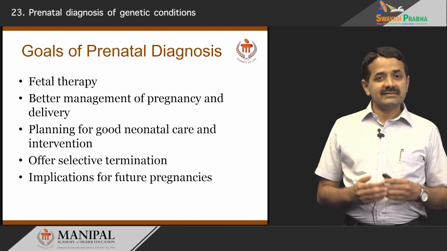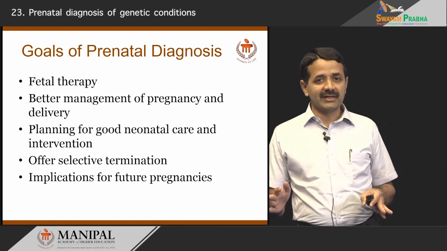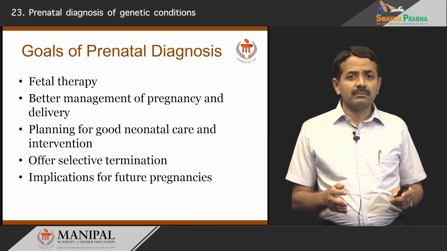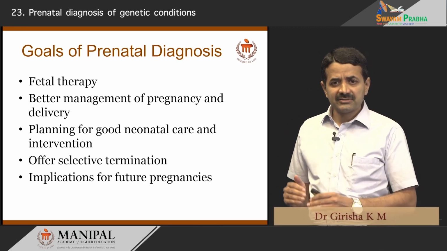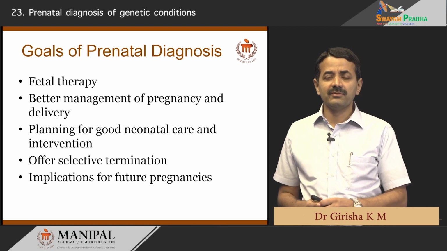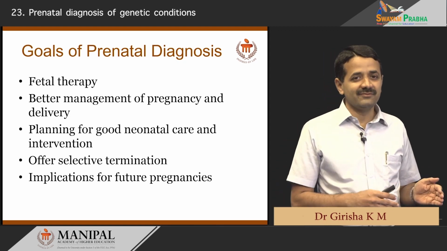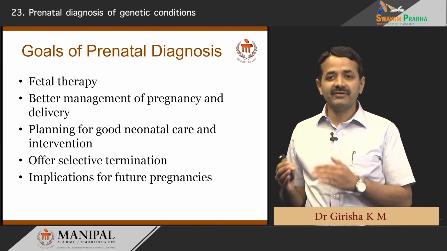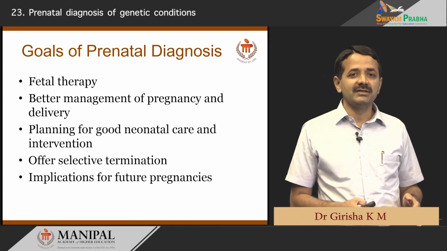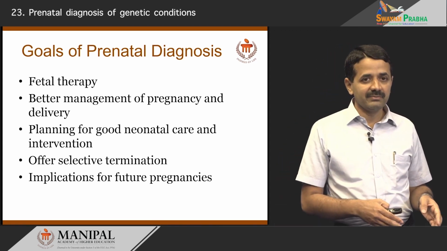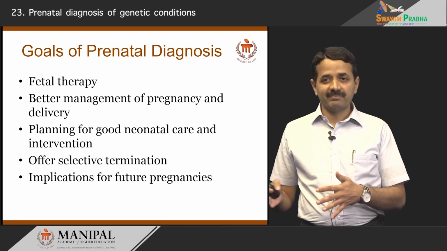Now, let us discuss what are the goals of prenatal diagnosis. Why should we detect a genetic disease or a birth defect or a disease in the baby before the baby is born? The ultimate wish or desire of the medical field is to treat the baby if there is some problem, or we call it fetal therapy.